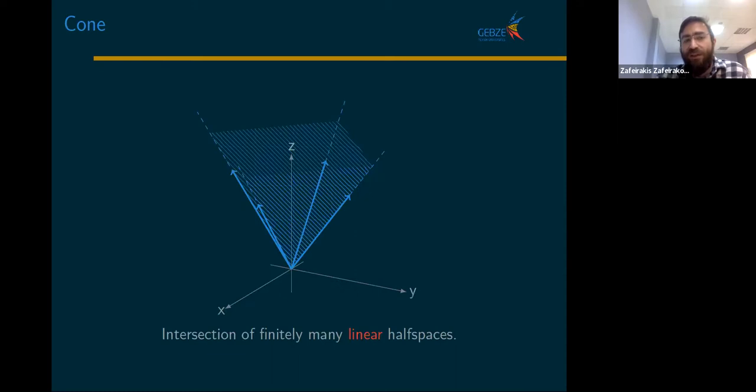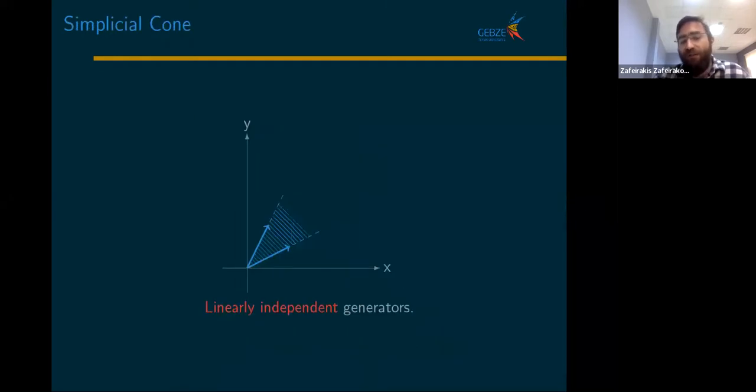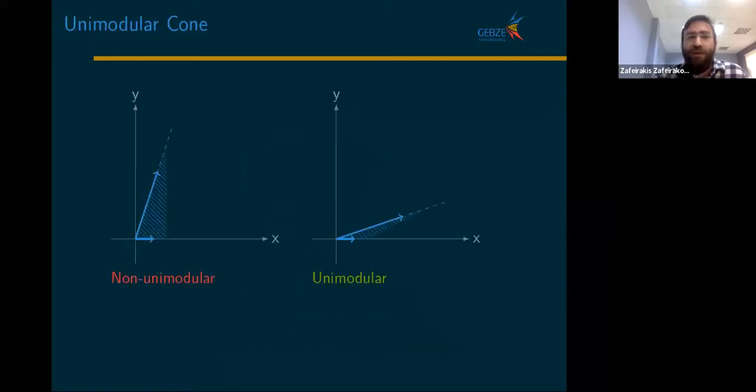A cone is the intersection of finitely many linear half spaces, which means that they go through the same point. And if the generators of the cone are linearly independent, then the cone is called simplicial. Now, we have this fundamental parallelepiped, which is this region here.